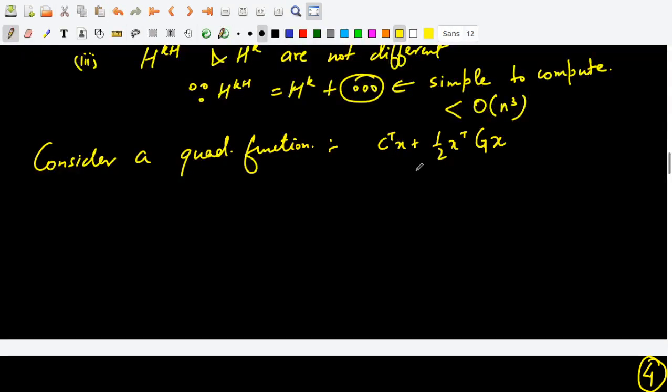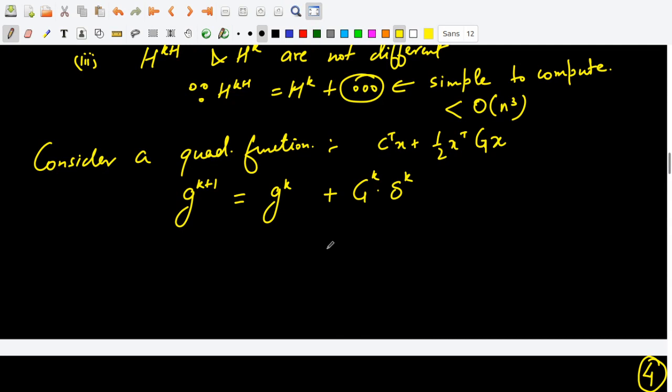You can verify this very easily, that g_{k+1} can actually be written as g_k plus the Hessian times the step length.